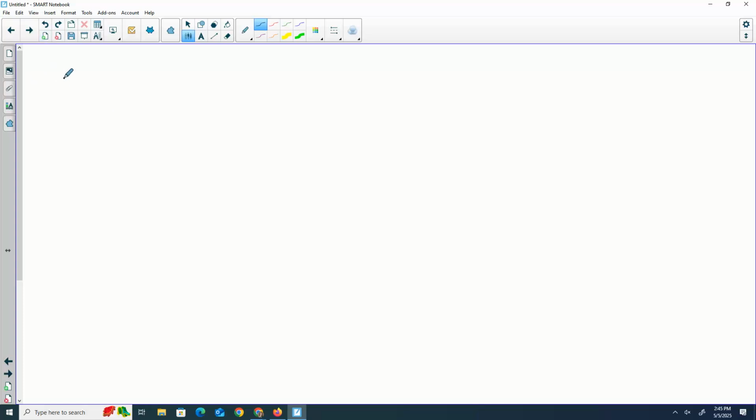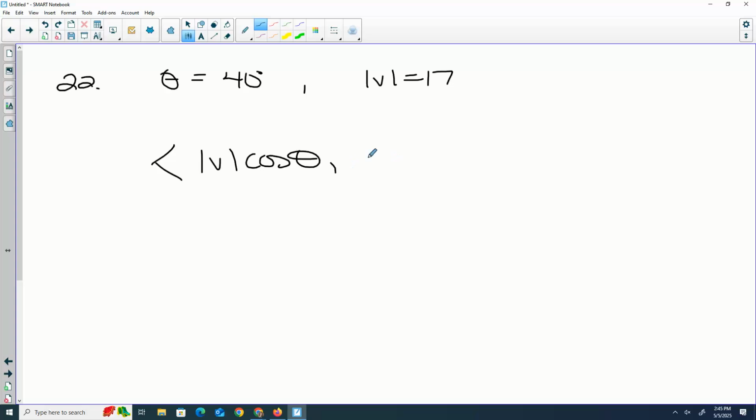Alright, and then after that we went into the vectors. We asked about problem 22. So I told you theta is 40 degrees and the magnitude is 17. All it's asking, the horizontal and vertical components, I'm basically saying write the vector. And the vector is just magnitude times cosine of the angle, magnitude times sine of the angle, and that would be on your formula sheet.